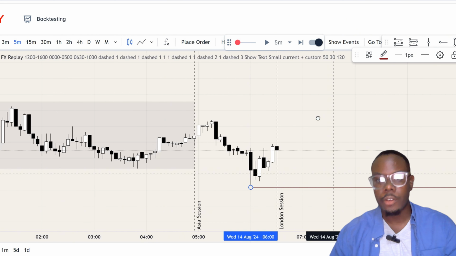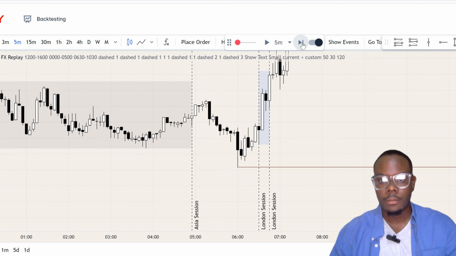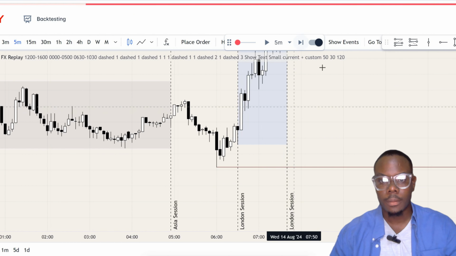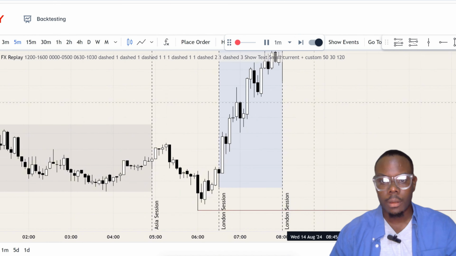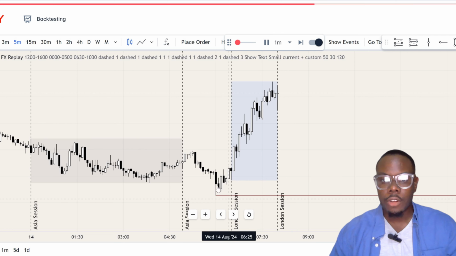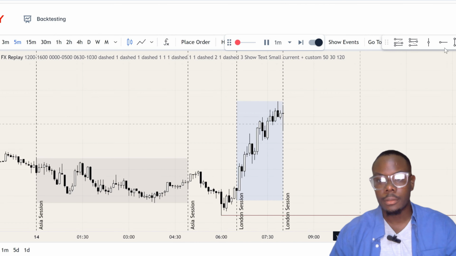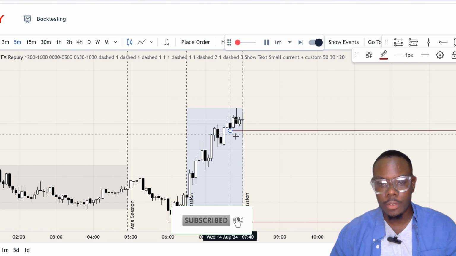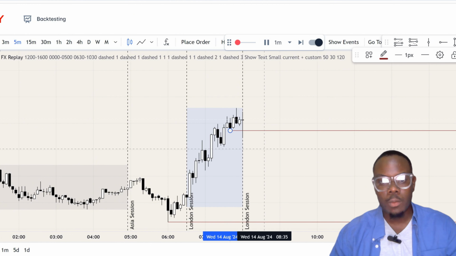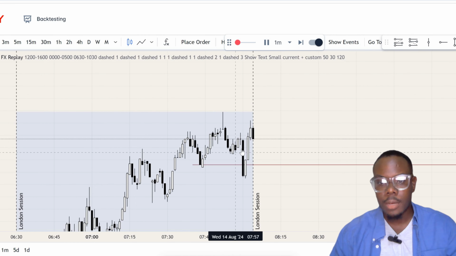This is an already existing low, but we didn't sweep this low. Price just went on, right? But at some point during the session, we finally swept a low.